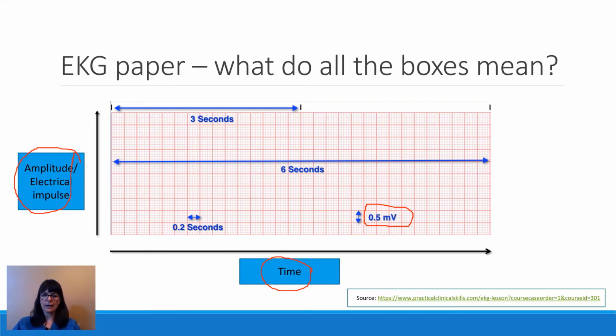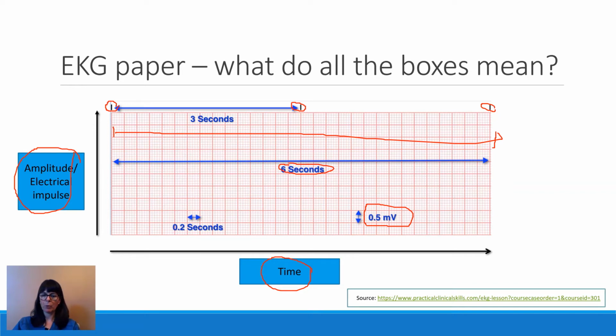And then secondly, probably the more important part of the EKG strips is to know the times that these boxes represent. So let's start by looking at these bigger boxes. Up here you see these lines, and that means between each one of these bigger lines we have 3 seconds, which means that from the beginning to the end here, which are 2 of those 3-second increments, we have a total of 6-second interval.